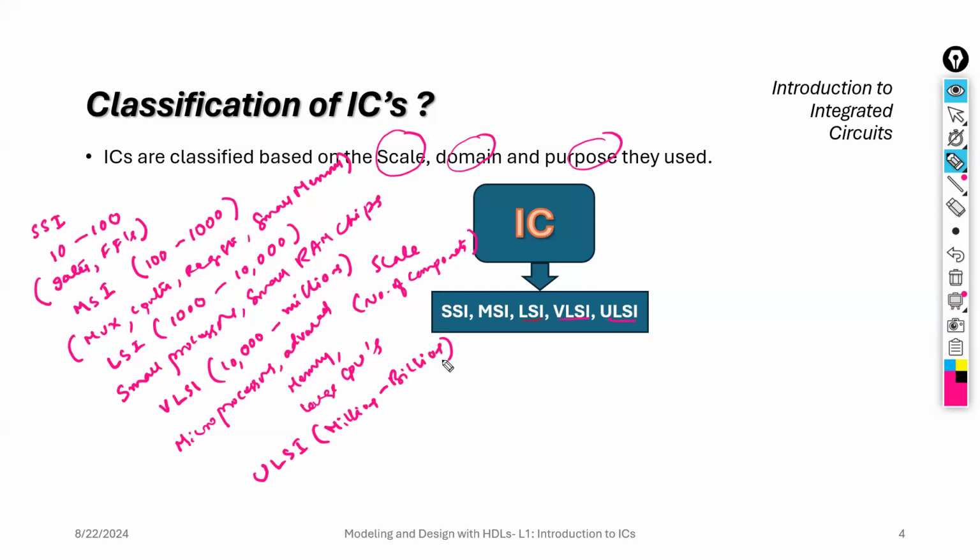As we know, high-end processors and system on chip, SoCs, high-end processors that we can create for this, because that needs this many components. Are you getting the point? So that means ICs are classified based on the scale, that means the number of components that we can provide on that particular IC, right?